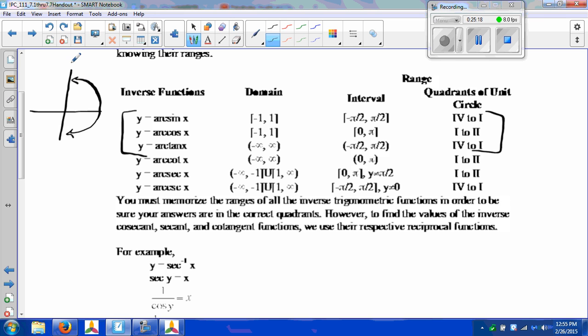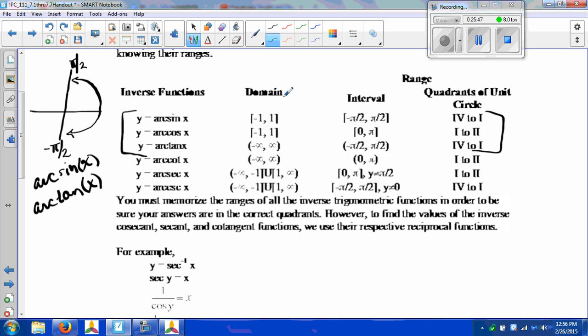All right, so from 0 to pi over 2 or from 0 to negative pi over 2. That's where your answers can come out because it's the output of the arc. So that would be arc sine of x and arc tangent of x. Include the endpoints for arc sine and exclude them for arc tangent.